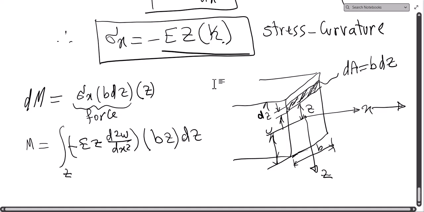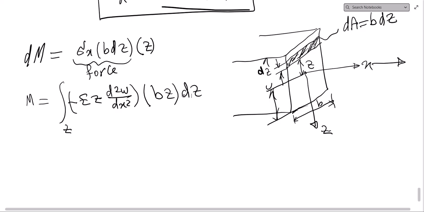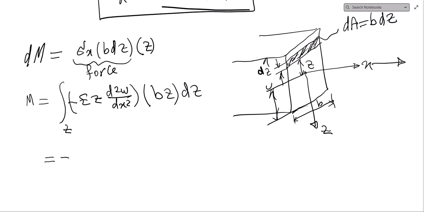Now notice that E is a constant, B is a constant, assumed here in our example, so E and b come out. d2w/dx2 is not a function of z.